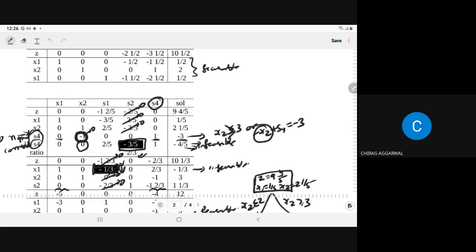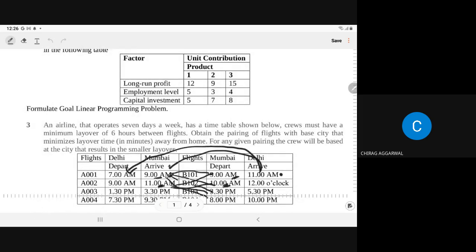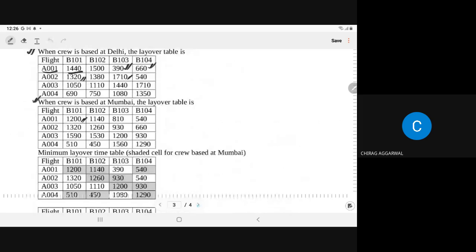Then after 11 a.m. to 9 a.m., it is 22 hours. So 22 hours means 1260, no, 1140, 1140 is correct, sir? 22 hours is 1320 minutes.